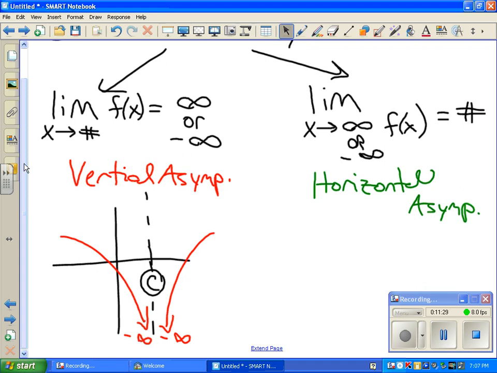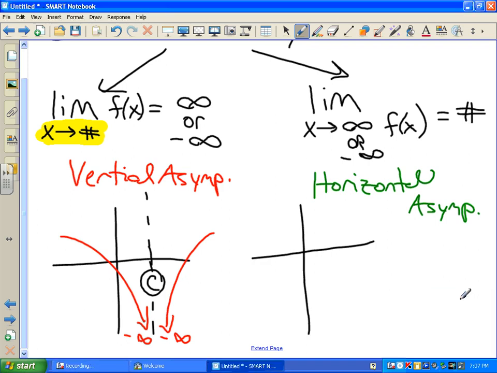If you get a situation where the left is approaching negative infinity and the right is approaching positive infinity, the best answer we can give is DNE. So this is a vertical asymptote situation. x is approaching a number, and the answer is positive or negative infinity. In horizontal asymptotes, x is approaching infinity or negative infinity.